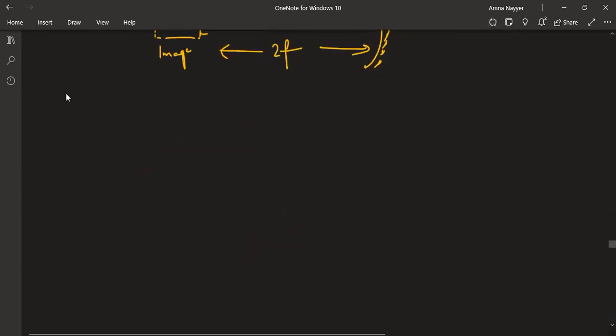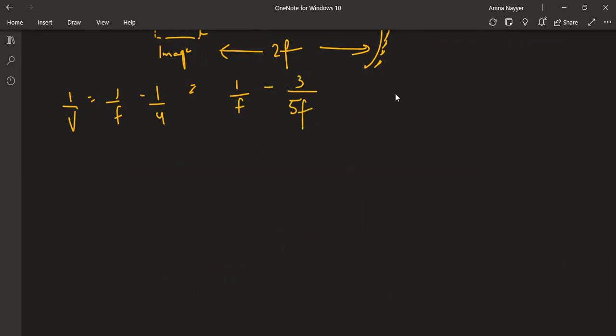See, if you apply, 1/V will be 1/F minus 1/U. 1/F minus the reciprocal, so 5 gets multiplied, 2/5F. So V will be 5F/2. Image distance will be 5F/2.